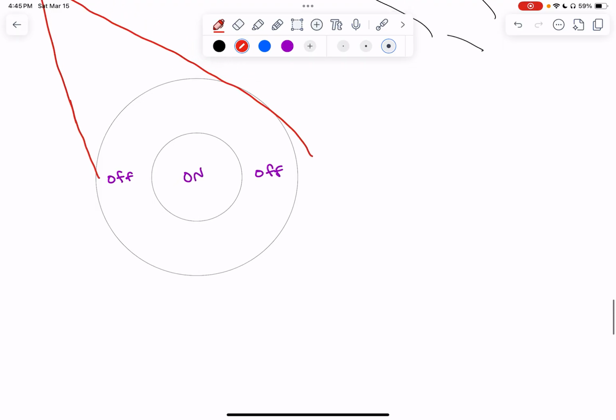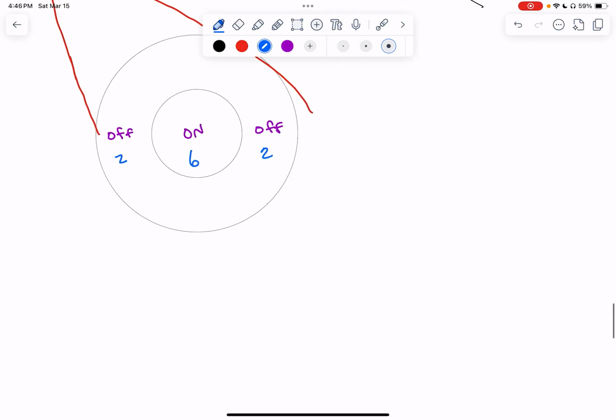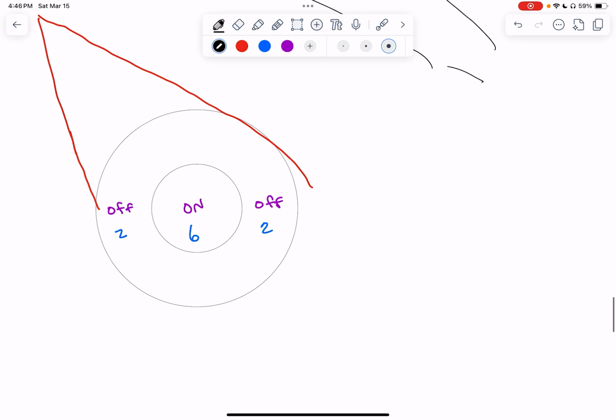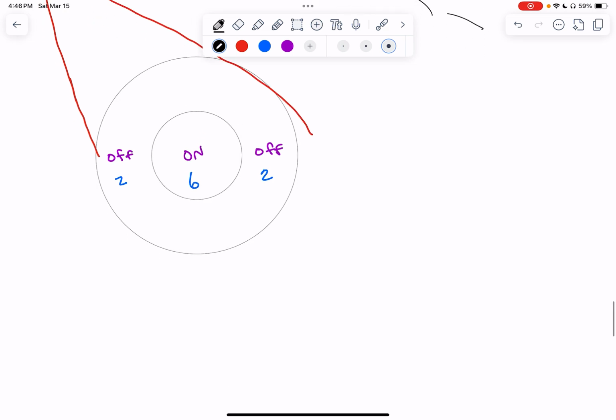What this is going to result in is, as I explained earlier, we're going to have 60% of our action potentials come from the on center and only 20% on either side come from our off center. We're going to only see a result in, right? 6 action potentials. So we'll draw a little diagram. Looks like this: 1, 2, 3, 4, 5, 6. Okay, 6 action potentials.